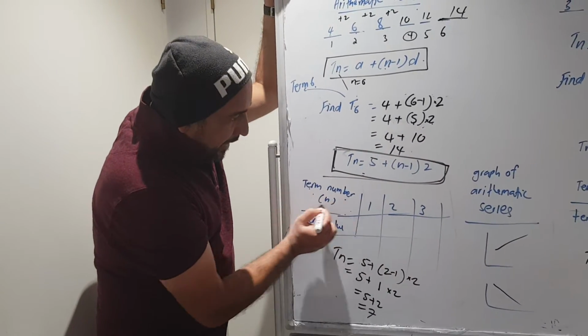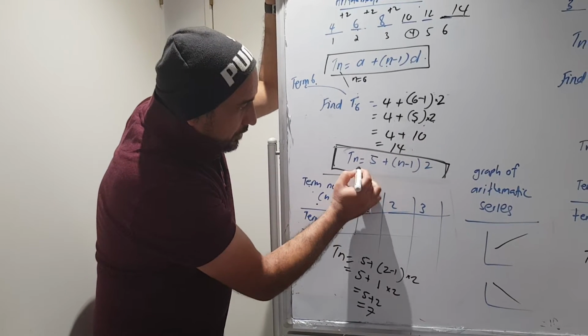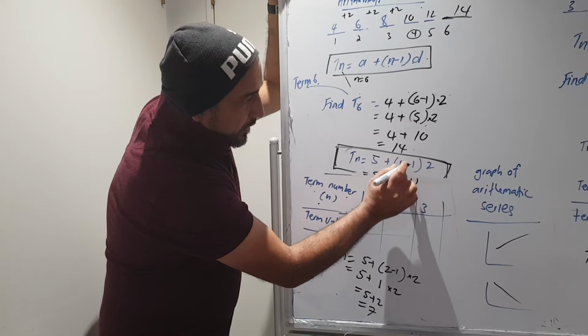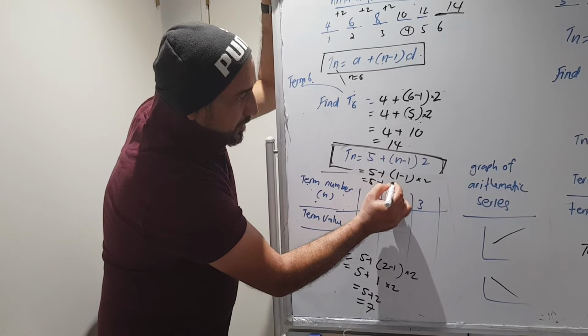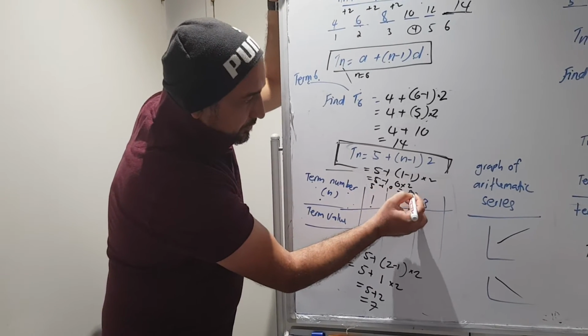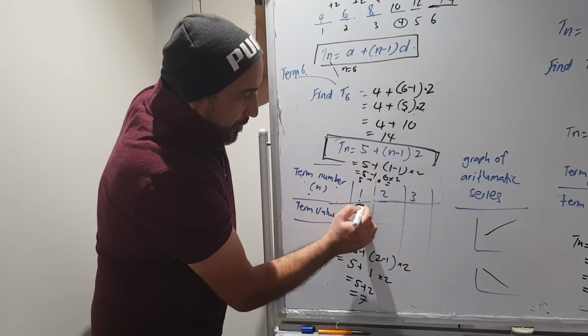My term number is given. For the first term, n is 1, so 5 plus 1 minus 1 times 2. So 5 plus 0 times 2. 0 times 2 is 0, 5 plus 0 is 5. So my first term is 5.